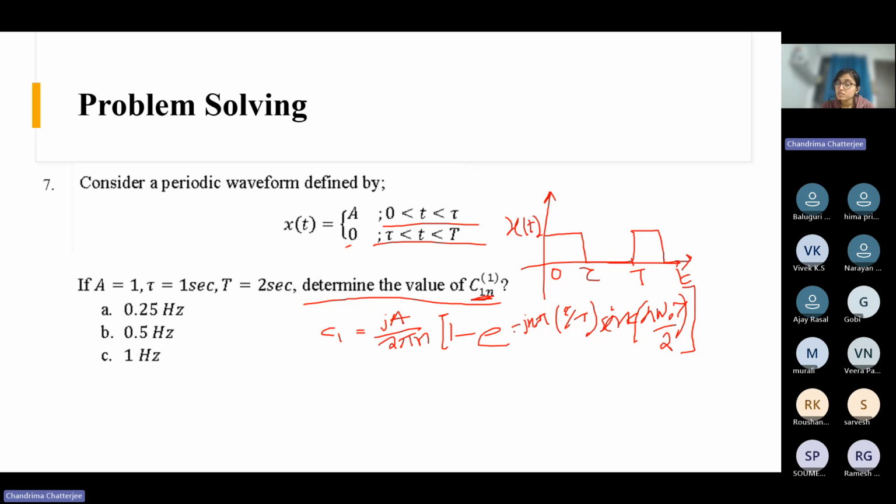This is 1. So j pi by 2. This is minus j pi by 2.